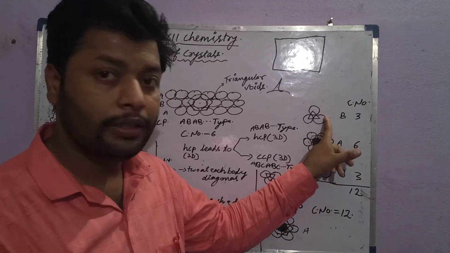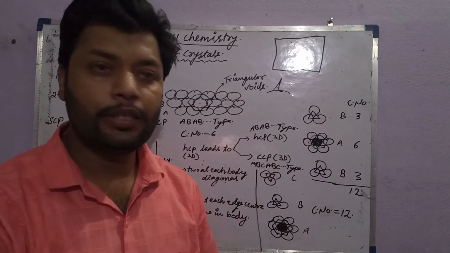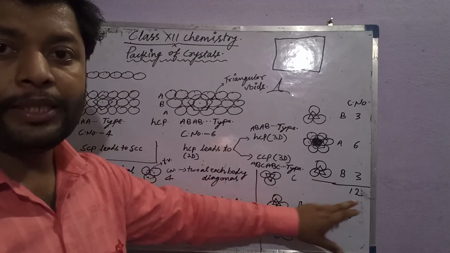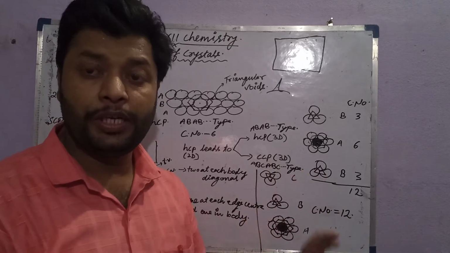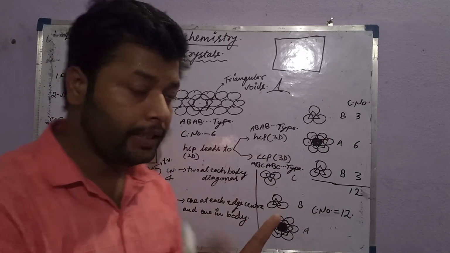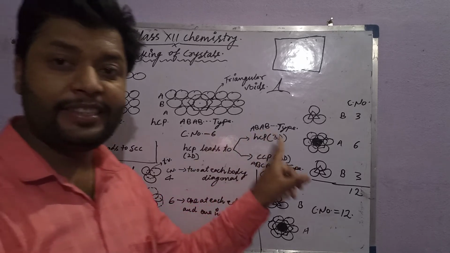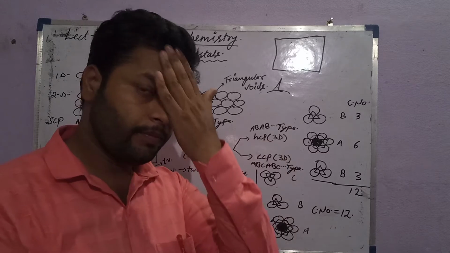So the third layer and this layer have the same alignment, so the arrangements are the same. Total coordination number is 12. The total coordination number of HCP in 3D is 12. This is different: in 2D the coordination number is 6, and in 3D the coordination number is 12.